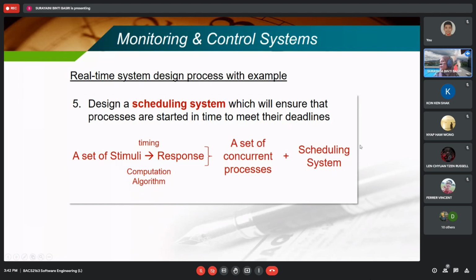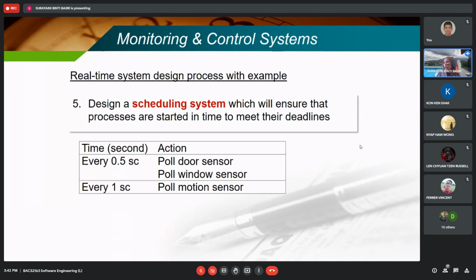The scheduling system is the schedule that will tell which one goes first, or what time it should start. This is an example of how you can schedule the system for the RT design, the RT system.